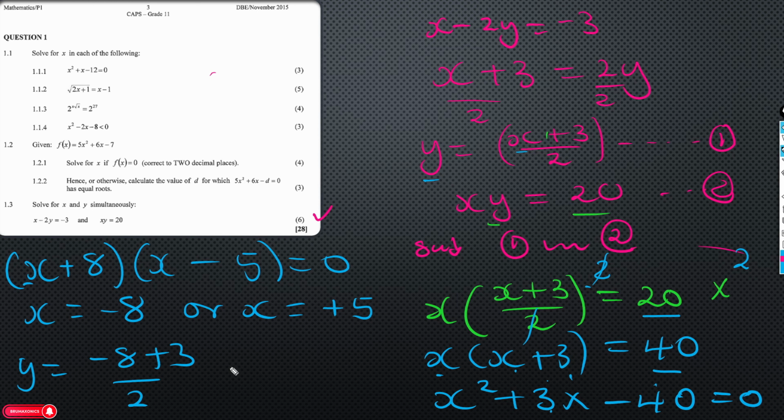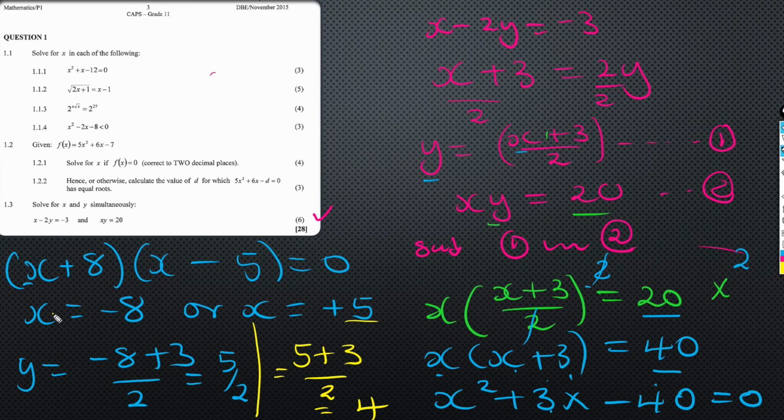So this will be what? This will equal negative 5 over 2, right? And then the final one that takes positive 5, it means that this will be 5 plus 3 all over 2. 8 divided by 2 will give us 4.